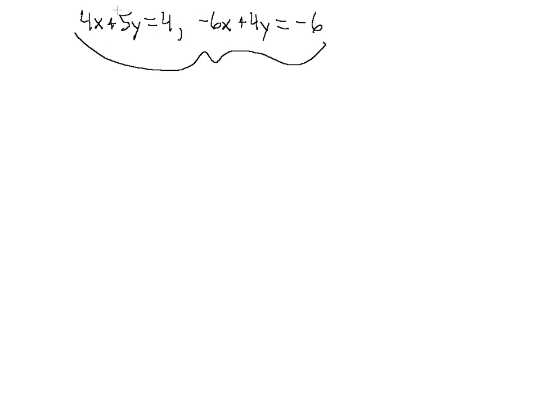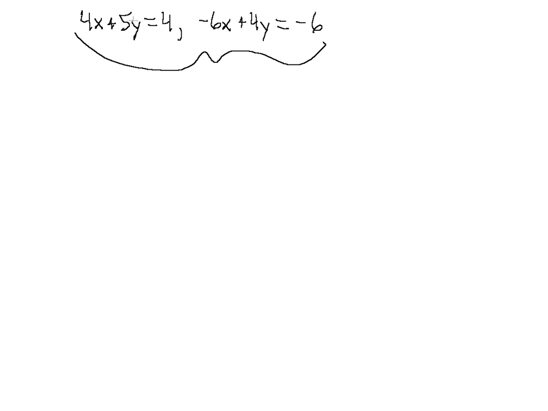All right, let's squeeze in one more. We have 4x plus 5y equals 4, and minus 6x plus 4y equals minus 6. Okay, so here's our linear system, and we want to find a common multiple for one of the coefficients of a variable.